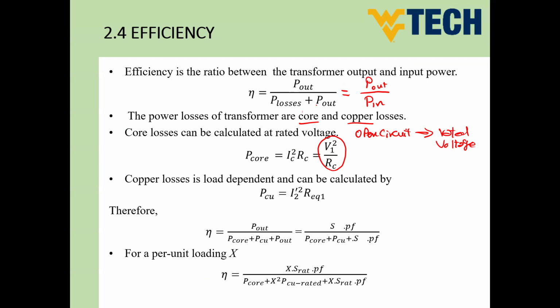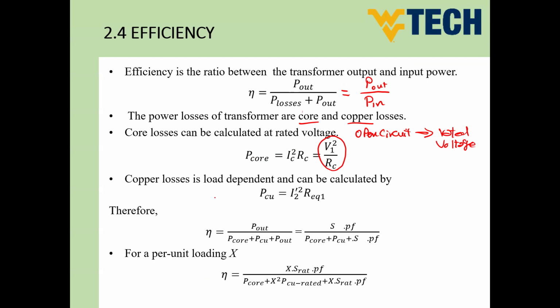So in this case, we can consider that P core is independent of loading condition. So P core is going to be constant, whatever the loading condition we have. This is an important assumption. We use it in our calculations.